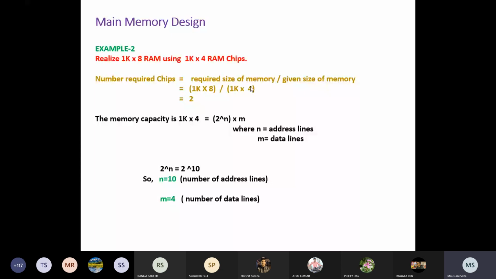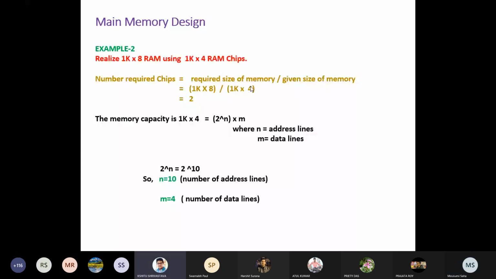Number of chips required is your required size divided by your given size. With the help of this, you can compute the number of memory chips.